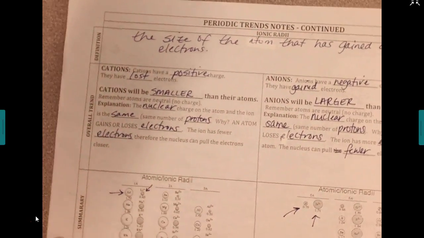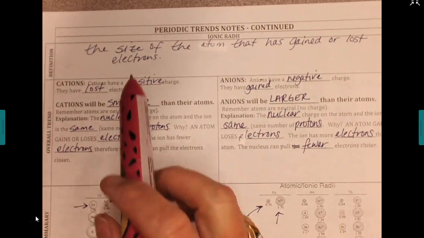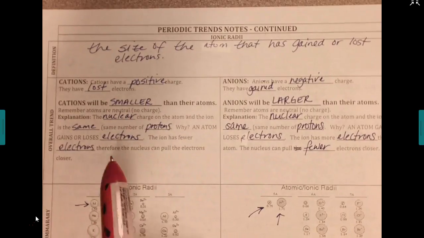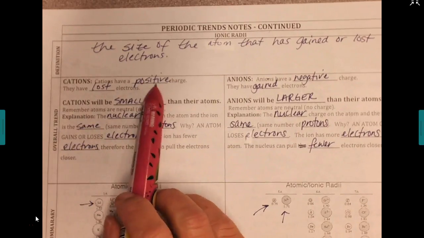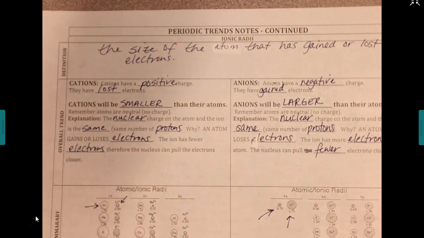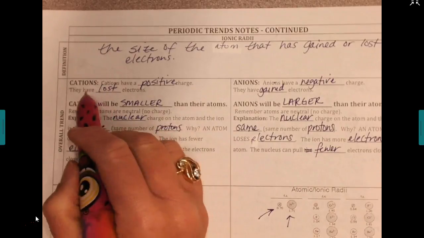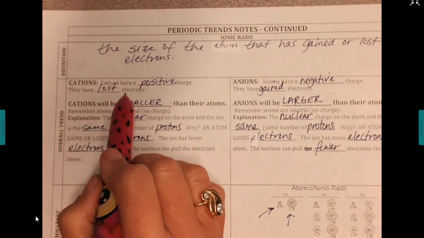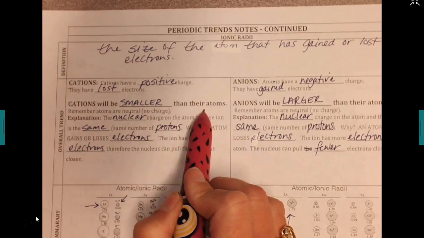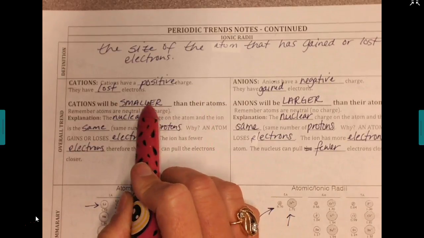Okay. Let's wrap this up with ionic radius. This is going to be the size of the atom that has gained or lost electrons. Remember, cations have a positive charge. Remember, cats are positive. Cations. They have lost electrons. The cation will be smaller than their atoms because they've lost an electron.